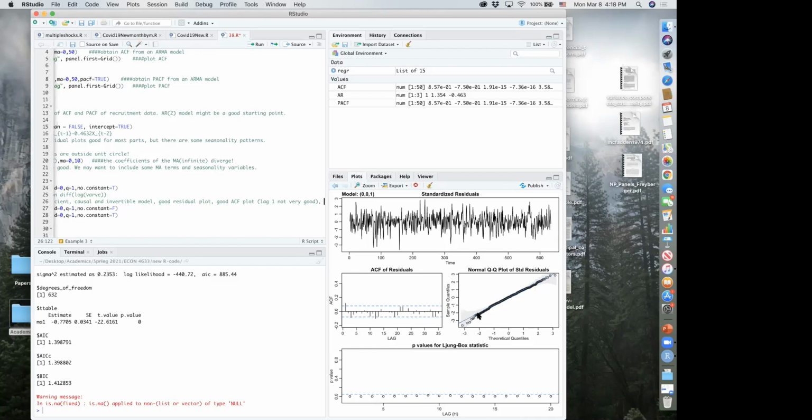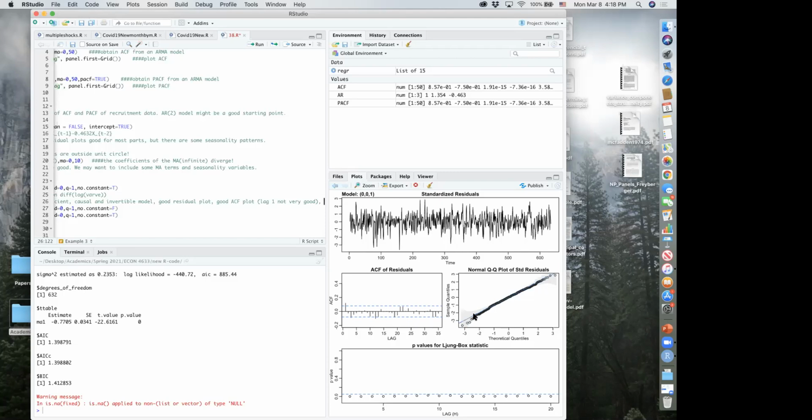So if your data points pretty much overlap with this blue line, then that means your residuals follow a normal distribution. And if your residuals do not match this blue line very well, then that means your residuals are not normally distributed.